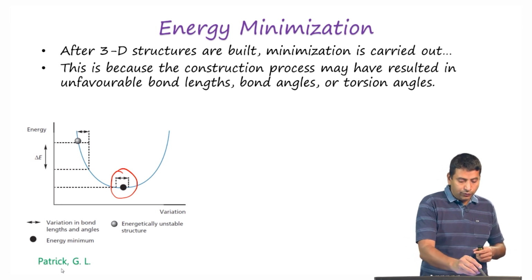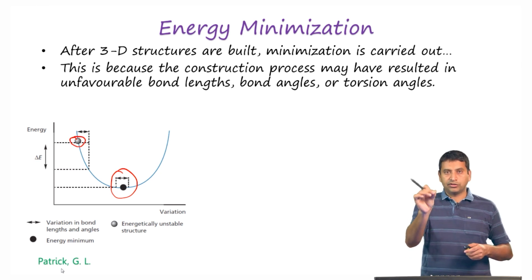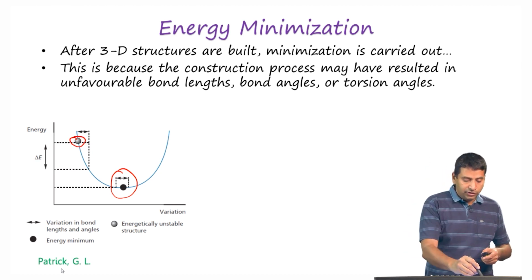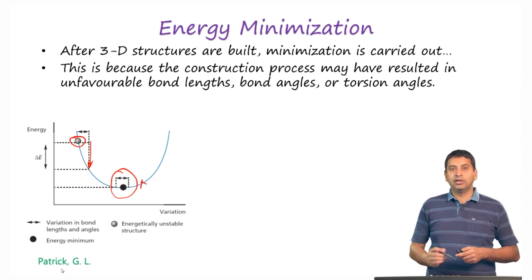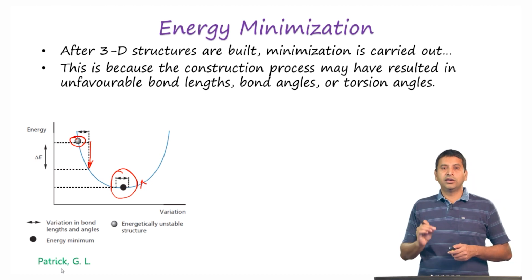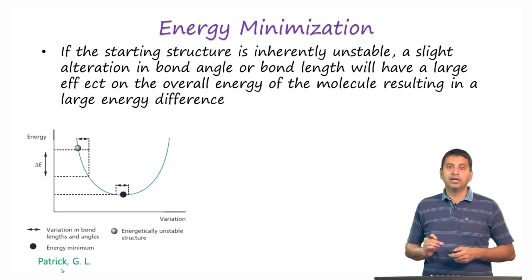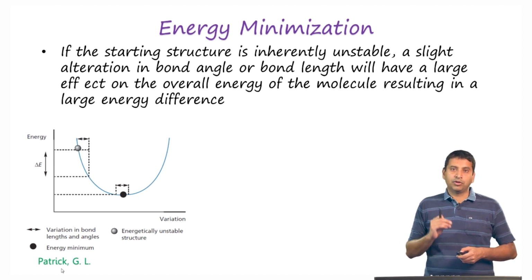Here, if you start from this point, a small variation in the structure can result in a large energy shift, whereas if you start from here, for example, then a small variation in structure will only result in a small energy shift. So, using this kind of a map, one can arrive at the energy minimum for the molecule.